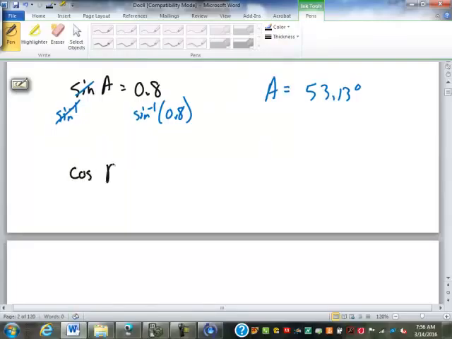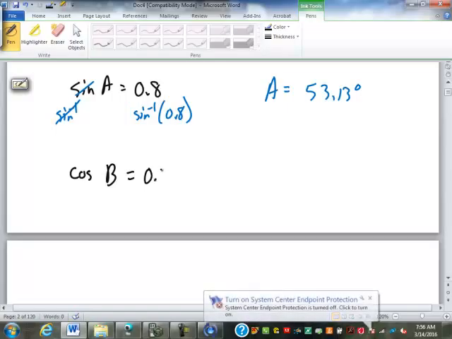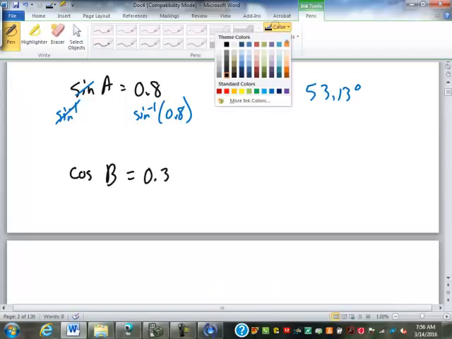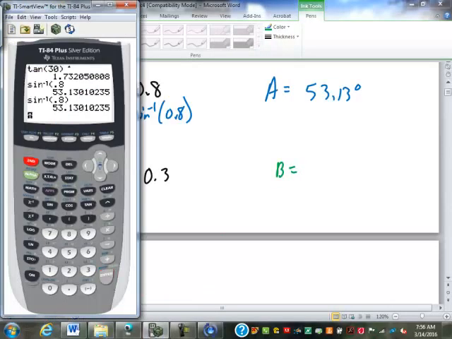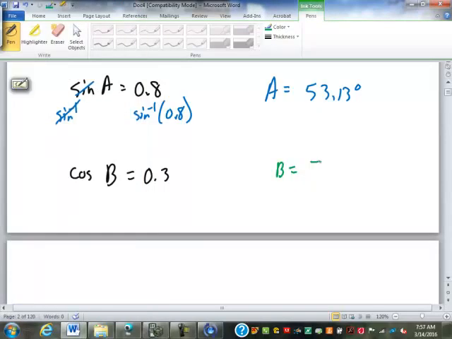So what if I tell you that the cosine of B equals 0.3? What's B got to be? 72.54, yep. Everybody get 72.54 degrees? Usually angles I go to 2 decimal places. Trig functions I go to 4, unless you're told otherwise.